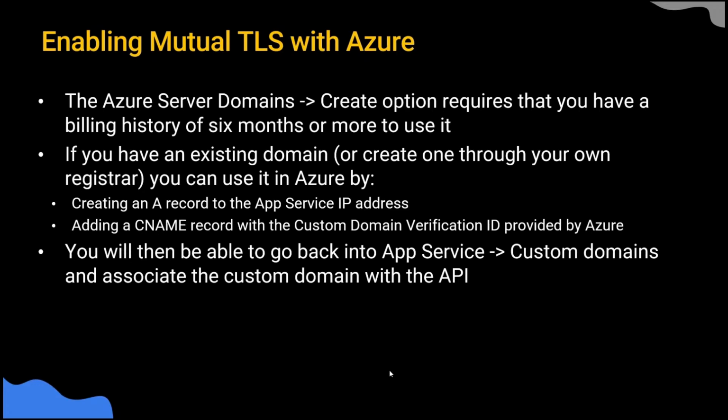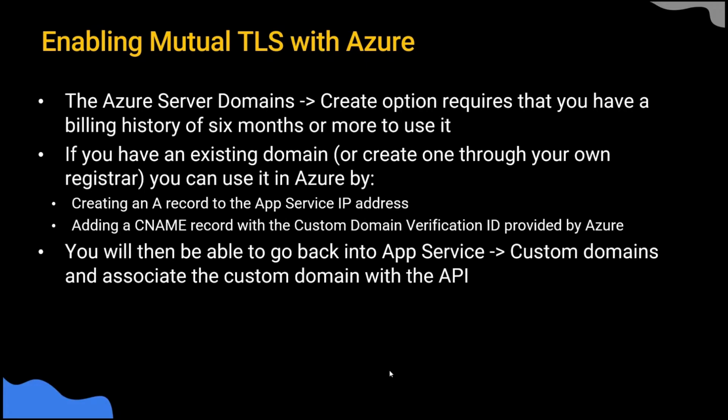Fortunately, this is where Azure differs from Amazon. When you create your API, they give you an IP address. So you can create an A record. You don't have to go through this A name record business that you do have to do with Amazon. One thing you'll have to do, though, since you're going with third parties, is prove to Azure that you own the custom domain.